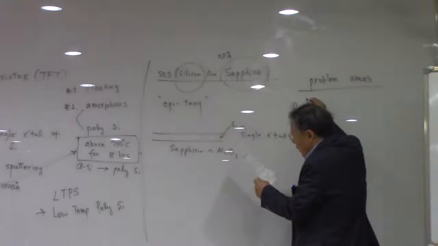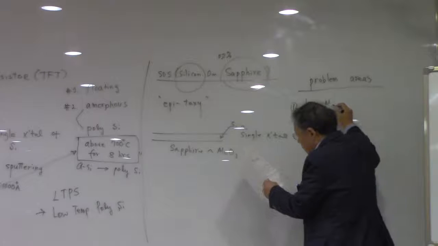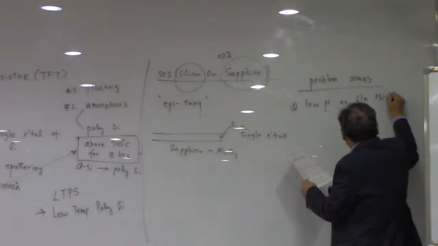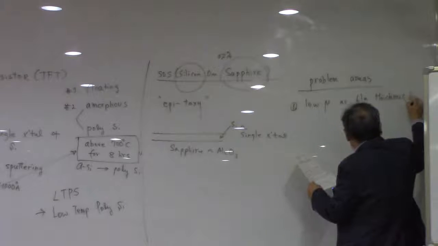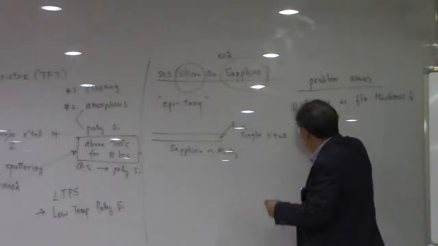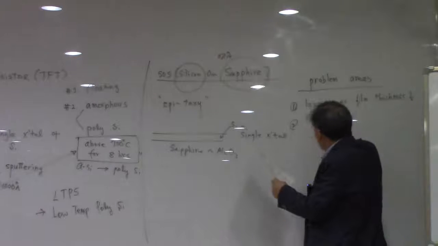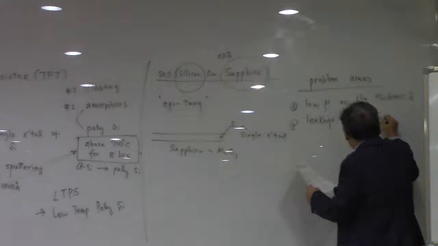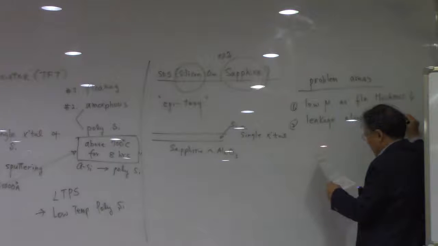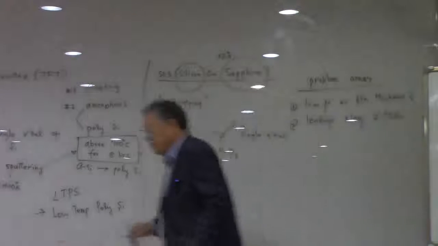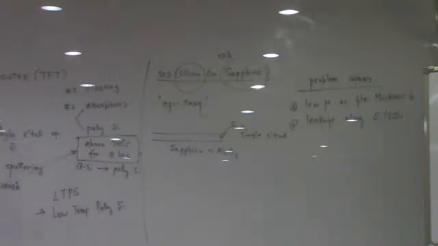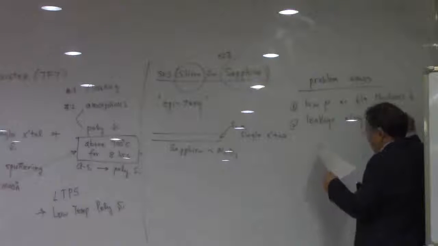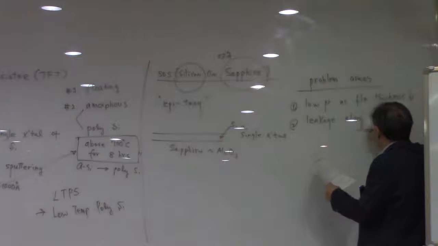Number one, low mobility as film thickness goes down. Okay? And then leakage along the silicon and silicon oxide, aluminum oxide, the substrate, the aluminum oxide interface.